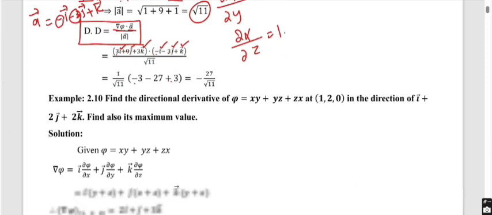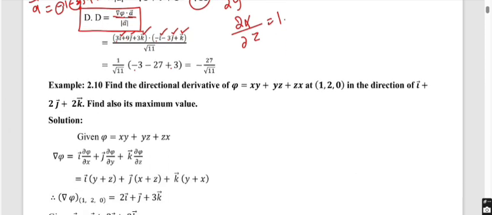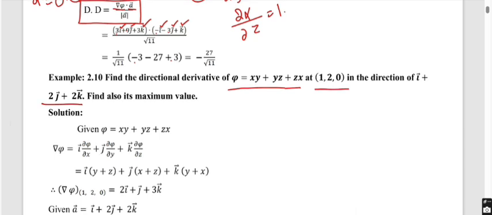The next problem is: find the directional derivative of phi equal to xy plus yz plus zx at the point (1, 2, 0) in the direction of the vector i vector plus 2j vector plus 2k vector. Also find its maximum value.